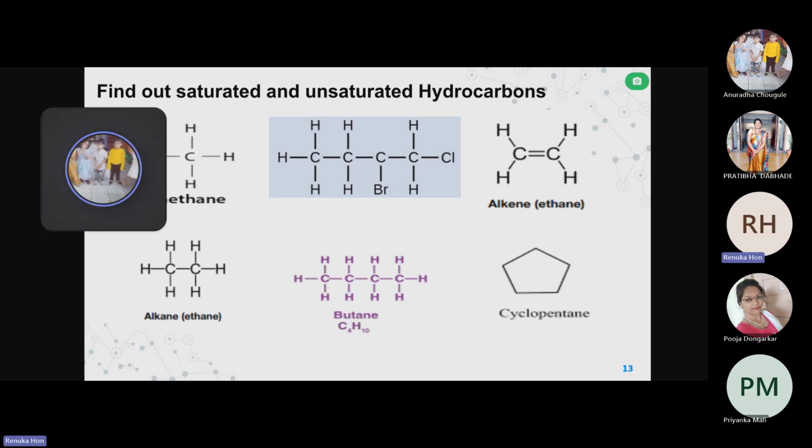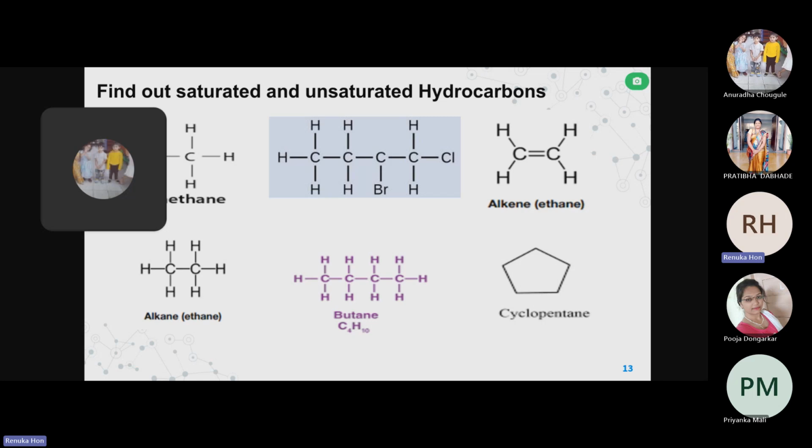No. It is not saturated and not unsaturated. This is not a hydrocarbon because it contains bromine, another element than hydrogen and carbon. Hydrocarbons are compounds which contain only hydrogen and carbon. So it is not a hydrocarbon. It is a halogen derivative.